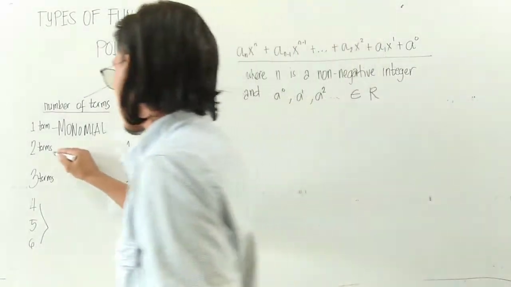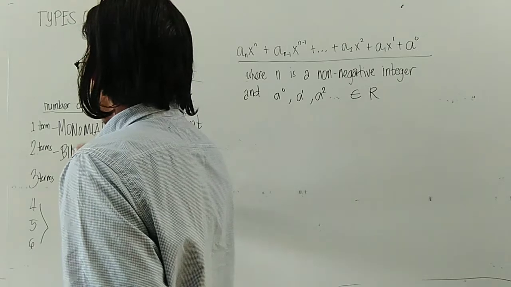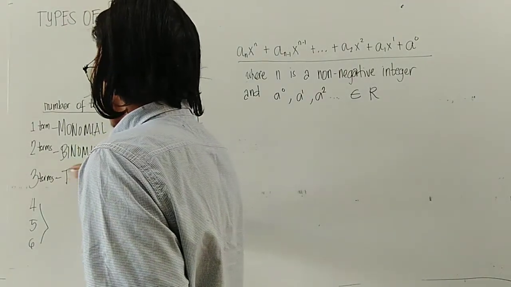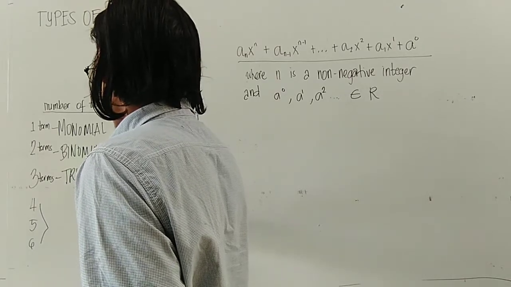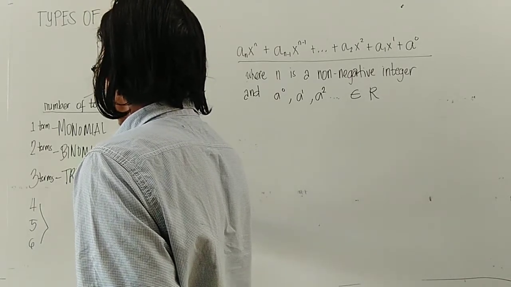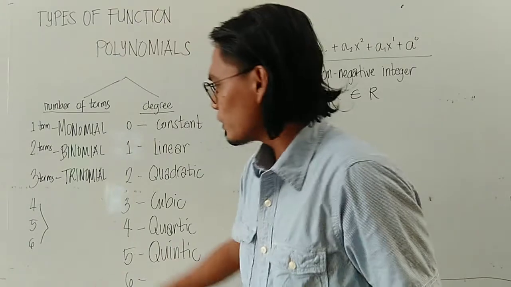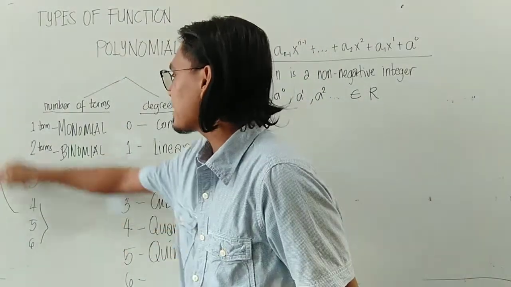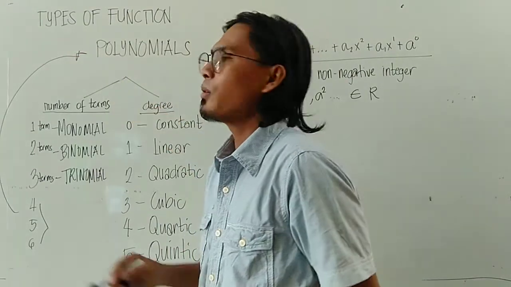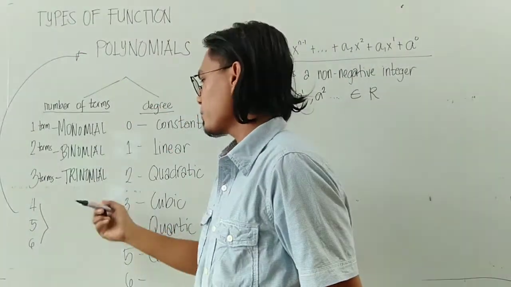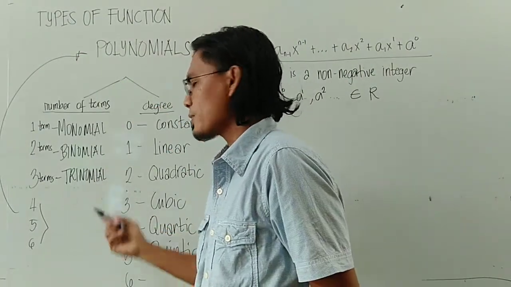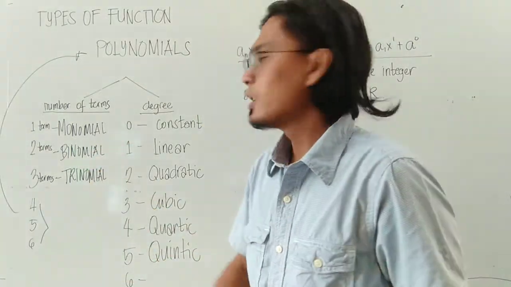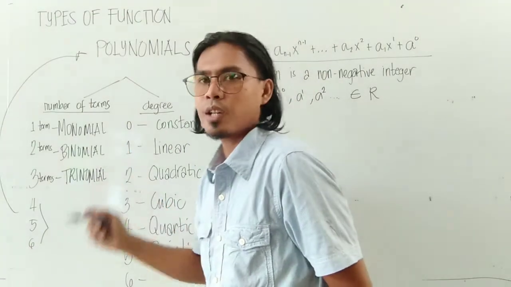Then if two terms, it is called a binomial. If three terms, then a trinomial. Okay? If it is 4, 5, 6, 7 and so on, we just go back to calling it a polynomial, or we can say polynomial with 4 terms, polynomial with 5 terms, and so on. The three are the most basic: monomial, binomial, and trinomial.